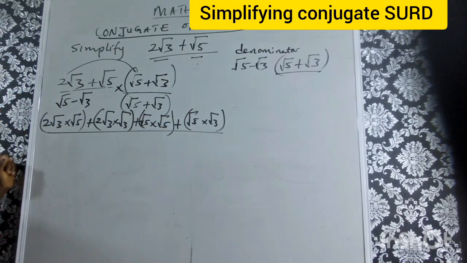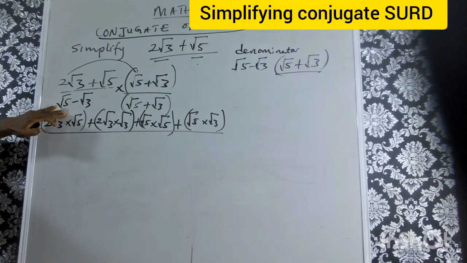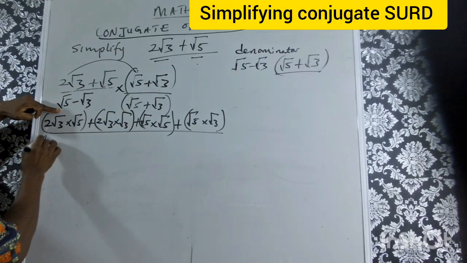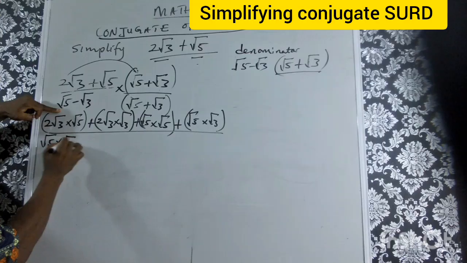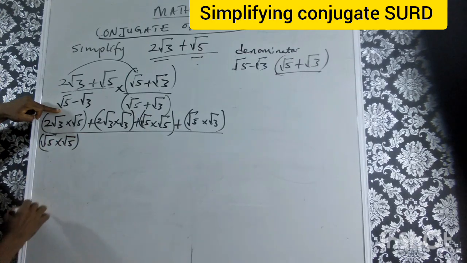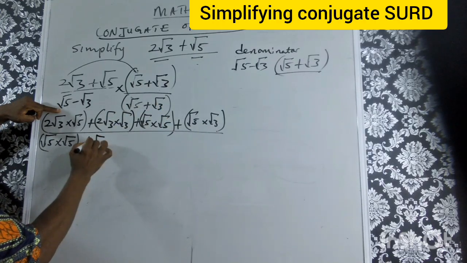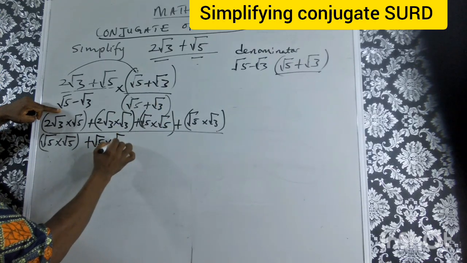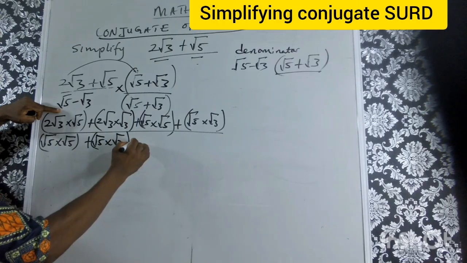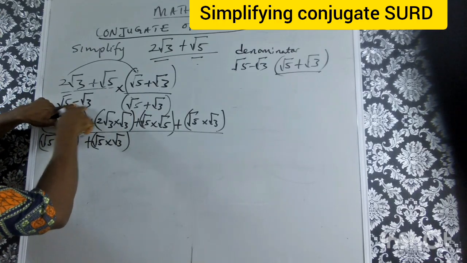All over the same thing, this times this, that means square root of 5 times the square root of 5. We'll put it in brackets. Plus, use this to multiply this, square root of 5 times the square root of 3. Now, because of this minus, we're using it to multiply this one.